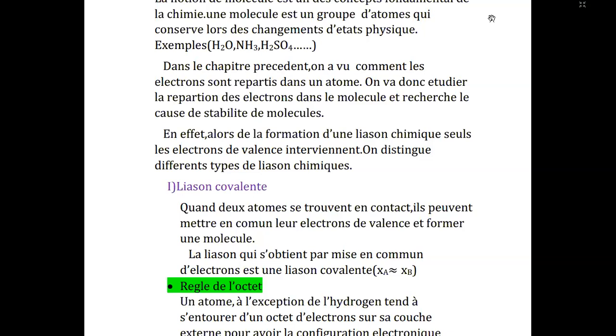With the medical guys I'm a bit behind, so I might teach liaison chimique later. If you learn it first, it will facilitate their understanding when I teach it to them.